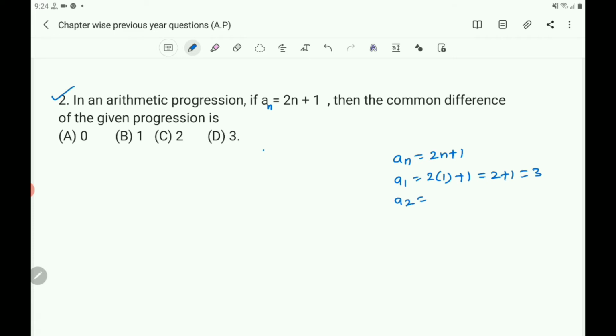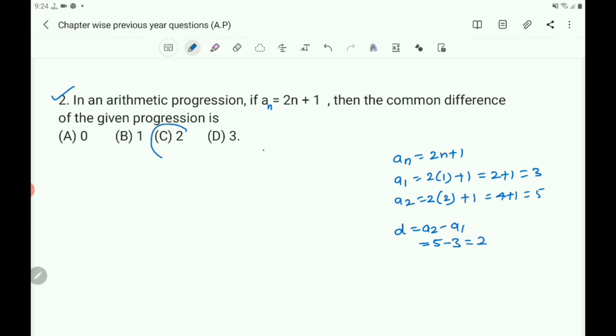And A2 is equal to 2 into 2 plus 1, that is 4 plus 1, 5. So D is equal to A2 minus A1, that is 5 minus 3, that equals 2.